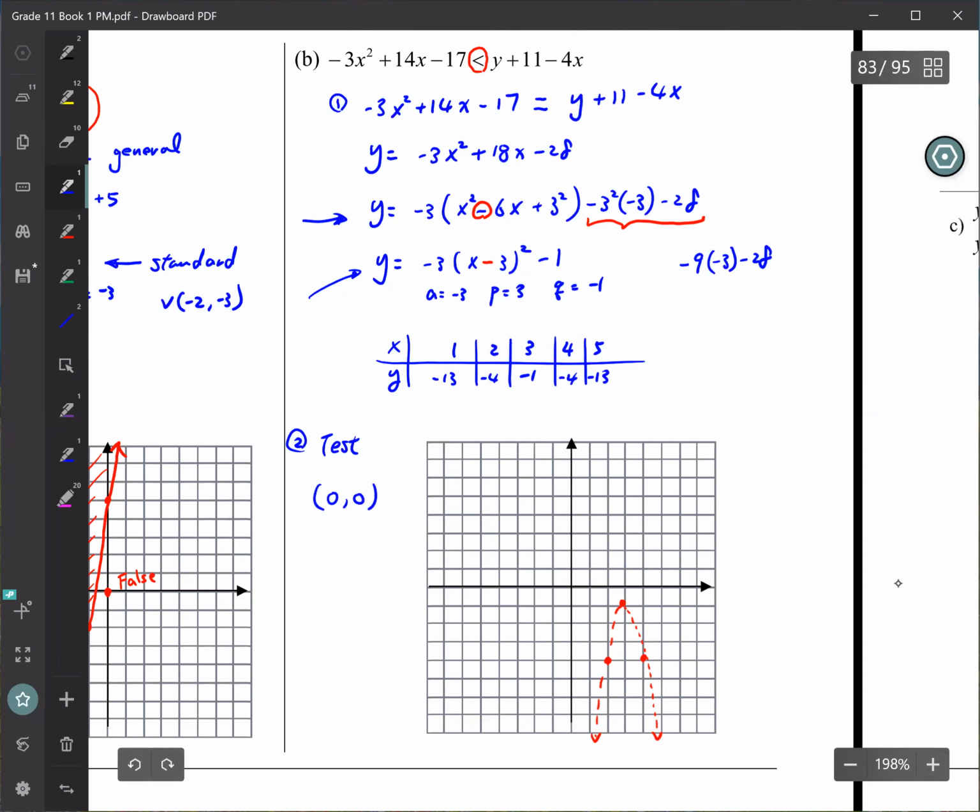0, 0, we can use that once again. Okay, for testing, plug into the original, okay? So I need to know true or false. Brandon, true or false? True. True, because 0 is bigger than negative 28.